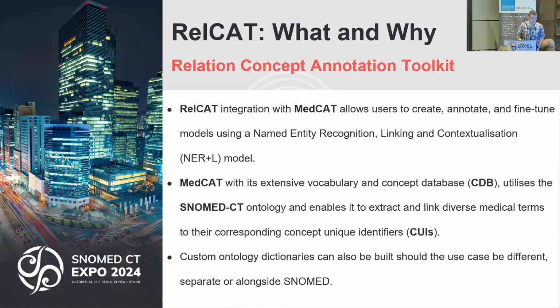It's up to you. This tool is quite versatile, and you don't need to use SNOMED if you don't want to. We'll show this in a couple of slides in the dataset section, where we collect concepts which have not previously been present in the SNOMED dictionary, but they work along the current SNOMED dictionary.